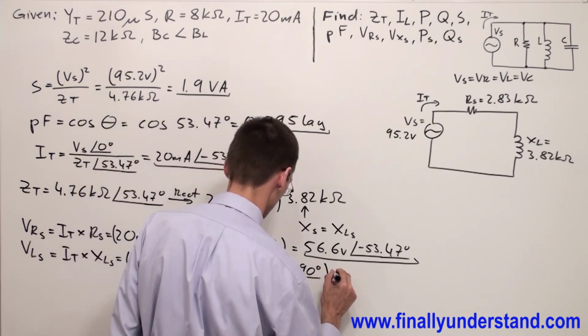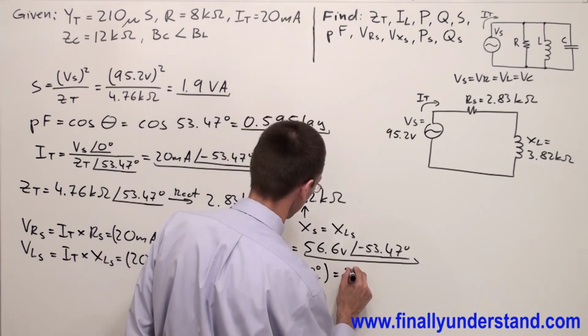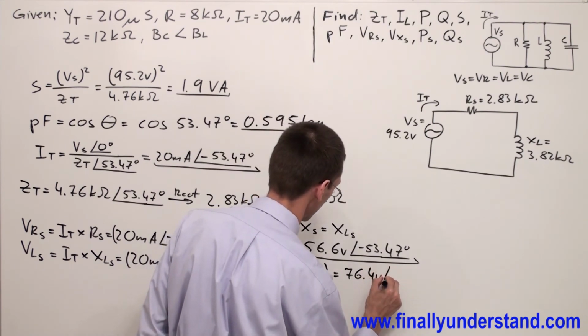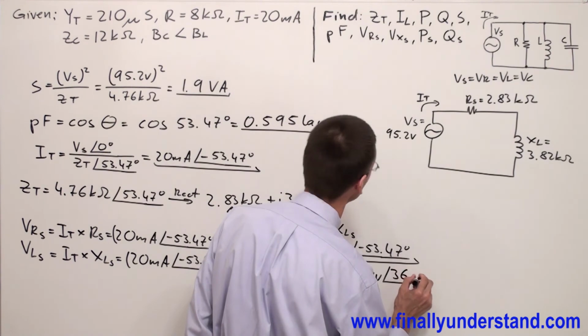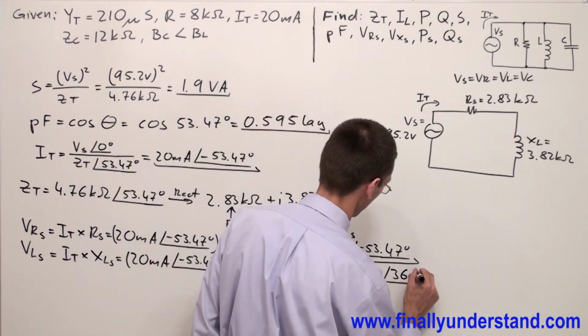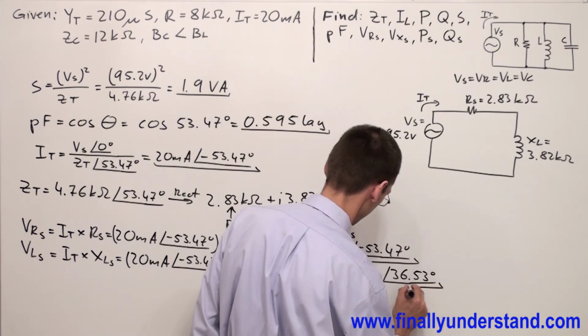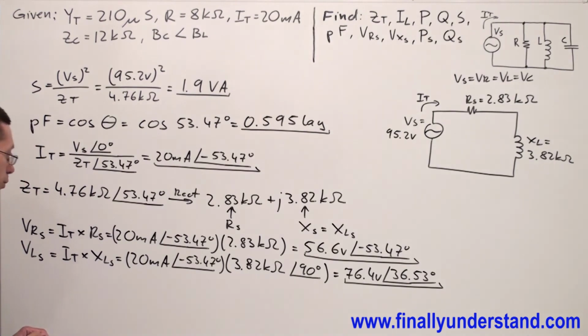So this is equal to 76.4 volts at an angle of 36.53 degrees. Okay, so this is my voltage across the inductor.